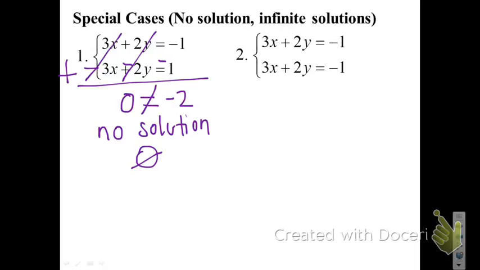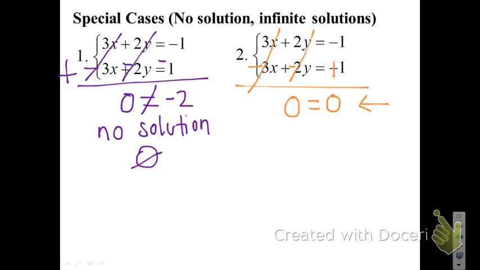Your other special case looks like this. And again, we look and see these coefficients are the same number. We want them to be opposite, so I'm going to change all of the signs. When I do this, these will subtract, and you're left with 0 over here. And then we have a negative 1 plus 1 to get 0. And right here, this is a true statement.